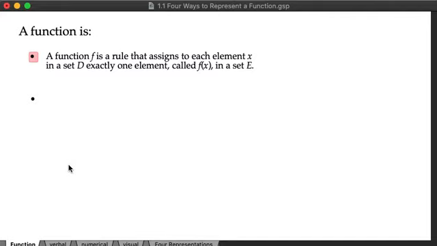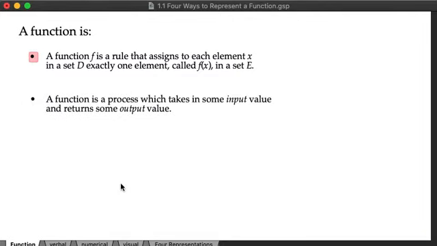Now, all of this is a very technical definition, and alongside any technical definition, it is really important to have a practical working definition that is sort of like how you think of this thing. And so I really encourage you to think of a function as some sort of process which takes an input and returns an output.